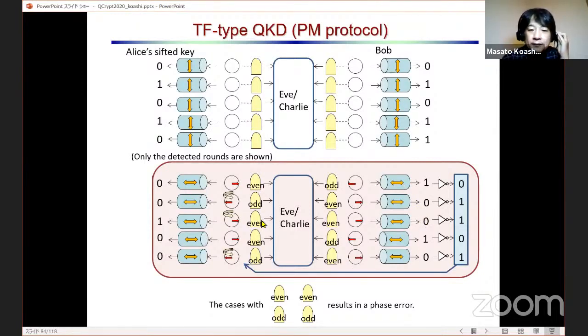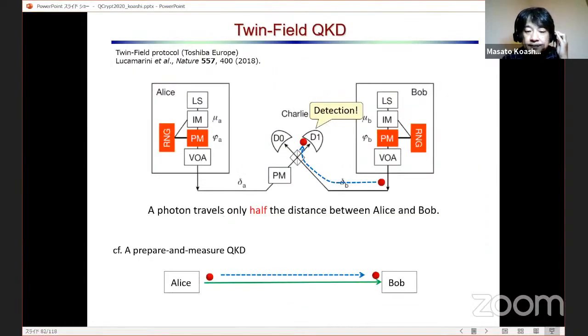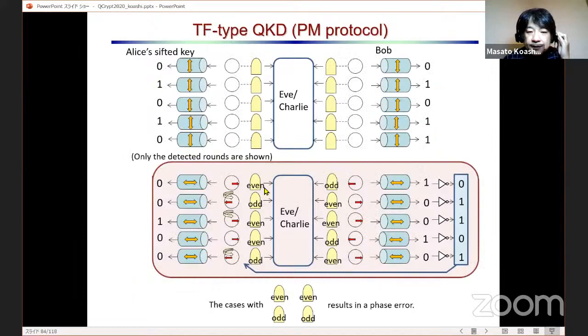But what is a good strategy for eliminating the phase error as much as possible? This is done by looking at this property. The dominant contribution to detection is the case where Bob emits an odd number of photons, a single photon, and Alice emits an even number of photons, that is vacuum. So the dominant contribution is the combination of even-odd and odd-even.